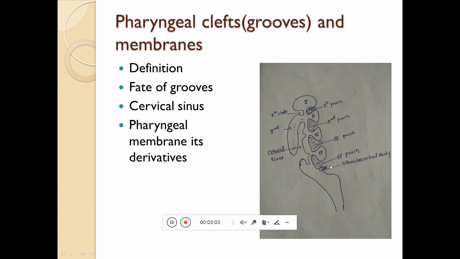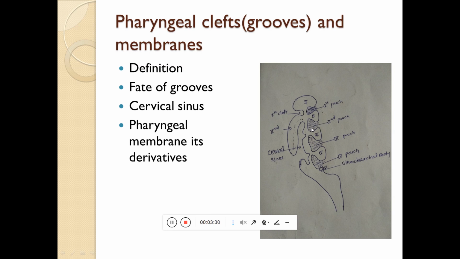Particularly the first pouch has a very elongated structure, with a proximal part known as the auditory tube and a distal part connected with the middle ear cavity and mastoid antrum. They are developed from the first pharyngeal pouch.